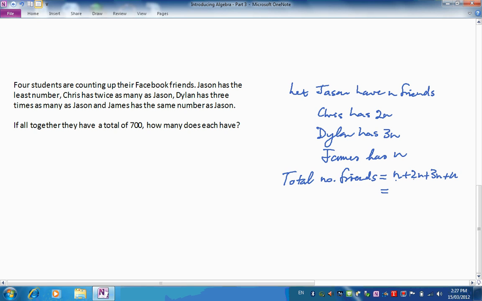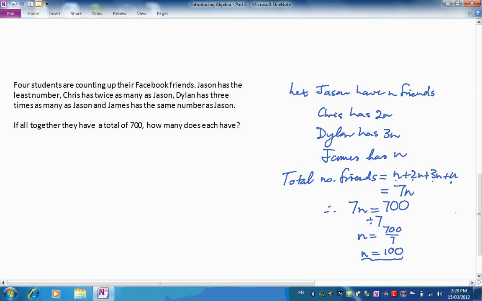Count them up. 1 and 2, 3, another 3 is 6, another one is 7 lots of N. Therefore, the mathematical sentence is 7N must come to the total, which we said was 700 friends. To find what N would be, it's been times by 7, so let's divide by 7, and N would be 700 divided by 7, which is 100 friends.